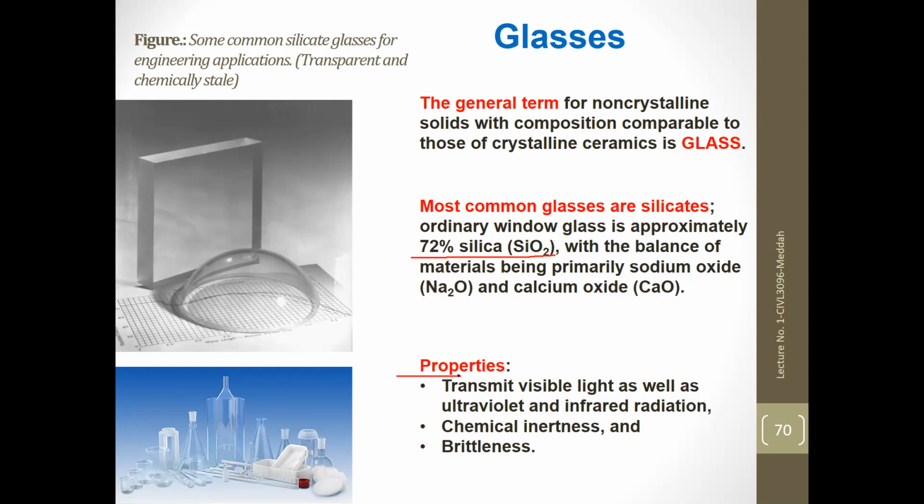Some of the major properties of glass make it a very good material for some applications. You can see the applications are very large for glass, and we will see some of them. So, transmission of light. This is of course the most known and the most visible property of glass.